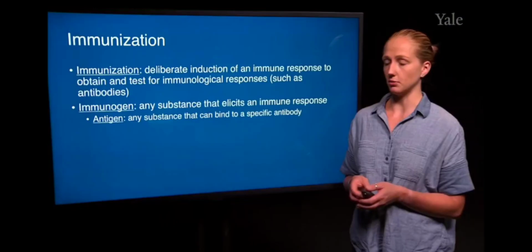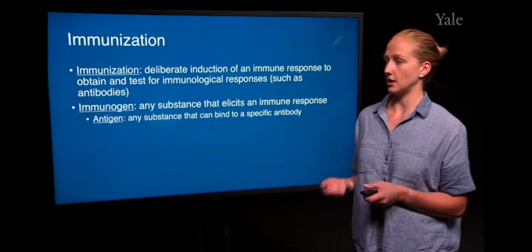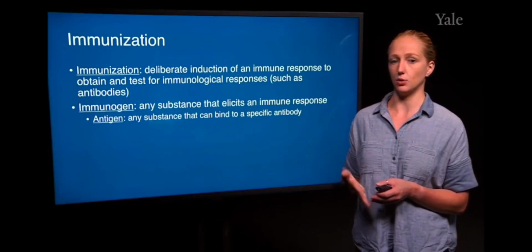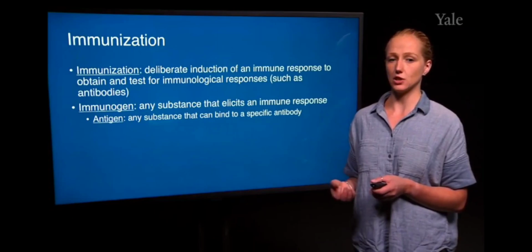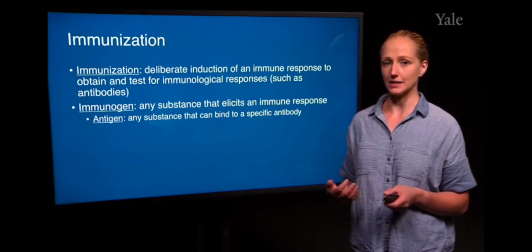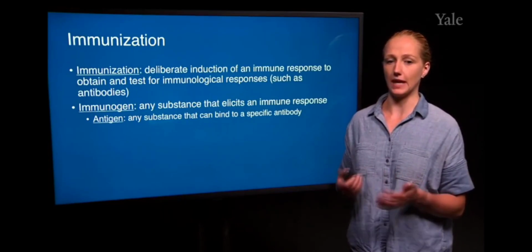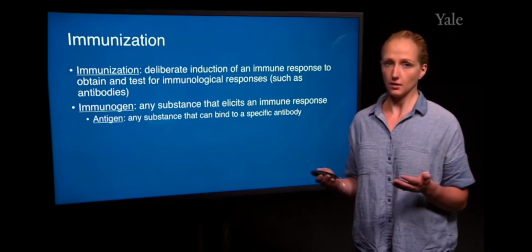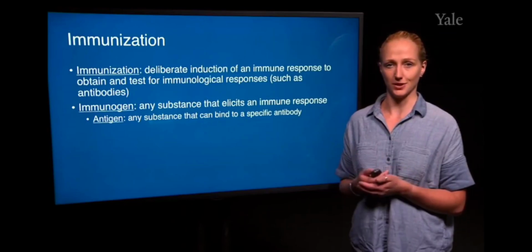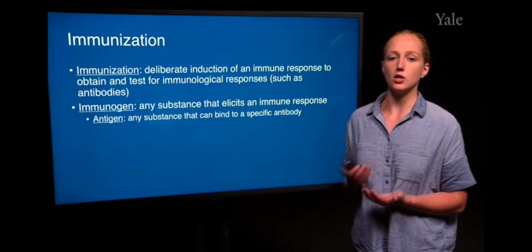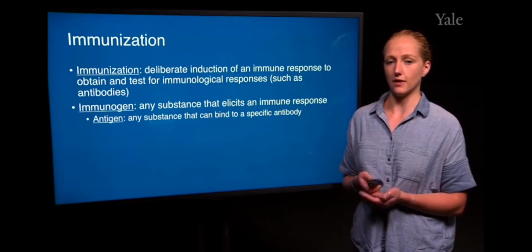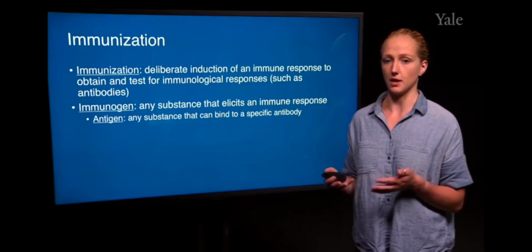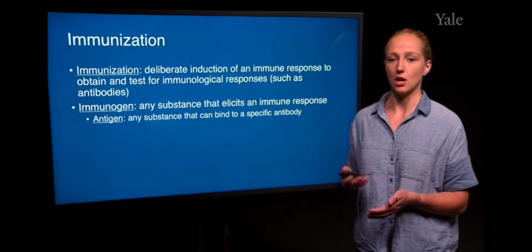An immunogen is a substance that elicits an immune response, whereas an antigen is any substrate that can bind to a specific antibody. So immunogens are also called immunogenic. That's a descriptor of immunogens. And all antigens have the potential to elicit an immune response and specific antibodies, but not all antigens are immunogenic.